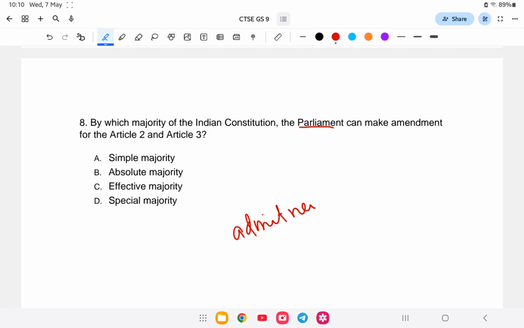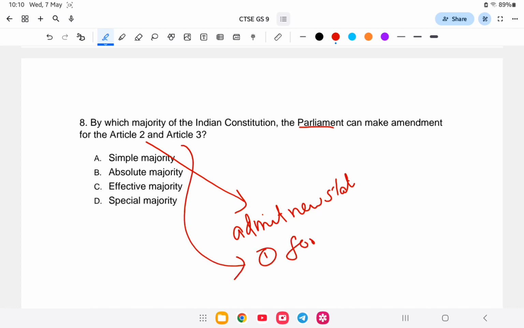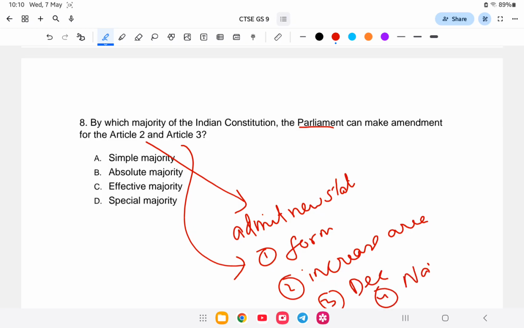Article 3 says: number 1, form a new state; number 2, destroy a state; increase the area of a state; decrease the area; number 4, change the name of a state. So these are all the powers that are provided under Article 3.